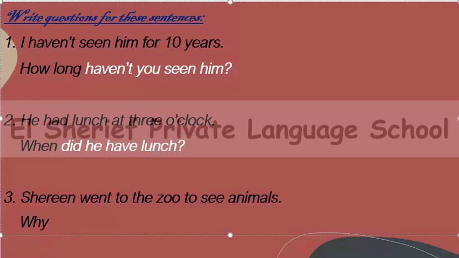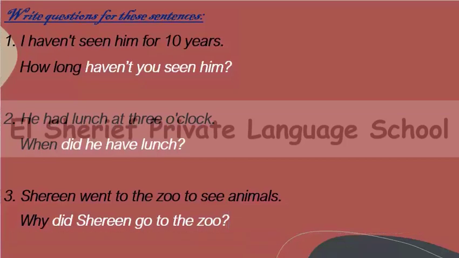Shireen went to the zoo to see animals. Why? This sentence is in the past simple, so why did Shireen go to the zoo? And question mark.